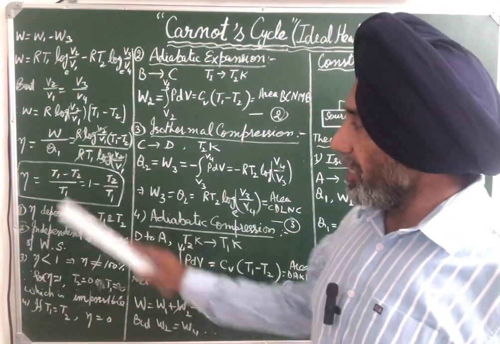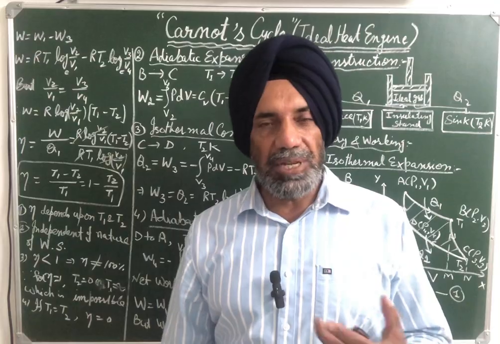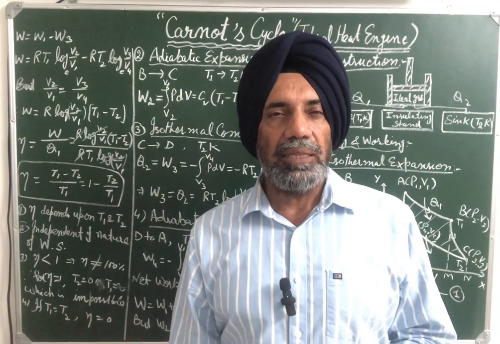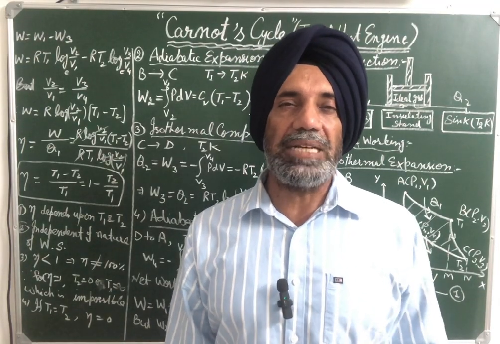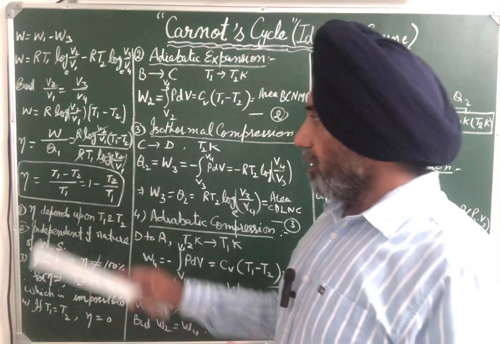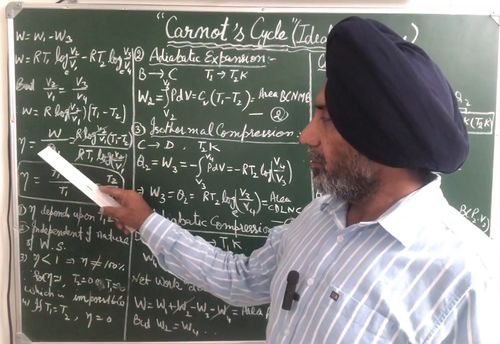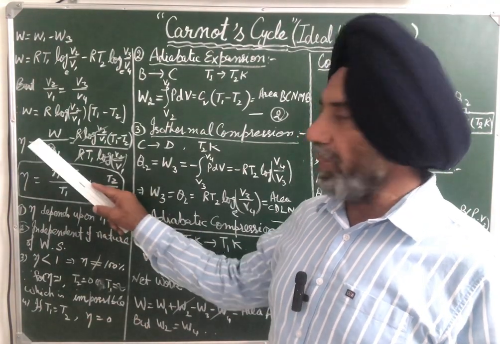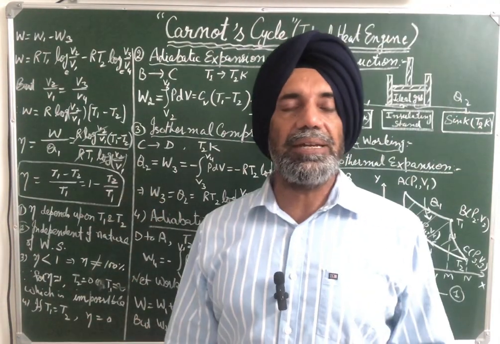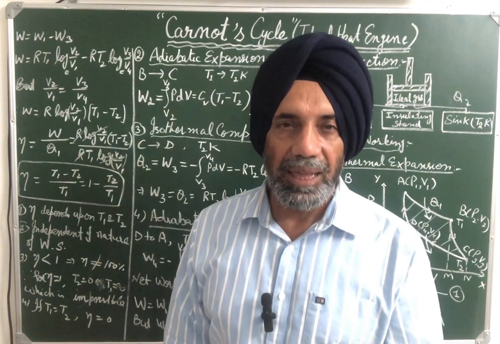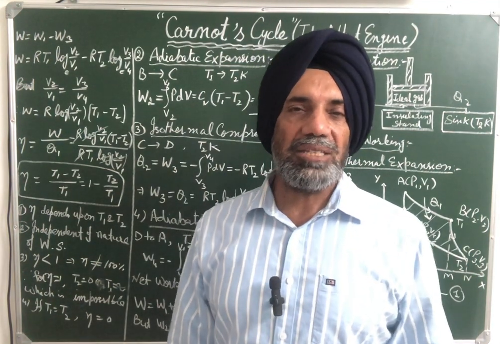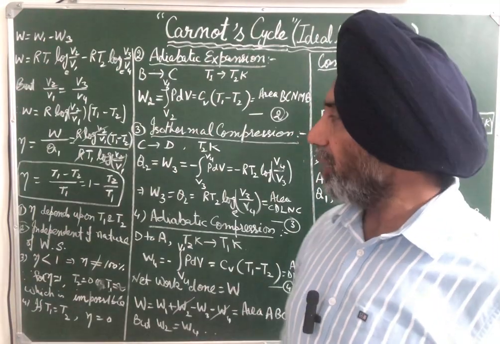Now, to find the efficiency of the Carnot cycle. Efficiency of the Carnot cycle is defined as the ratio of the net work done during the complete cycle to the amount of heat added to the system, taken from the source.